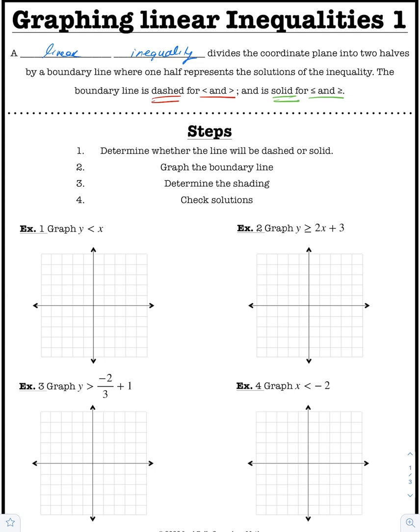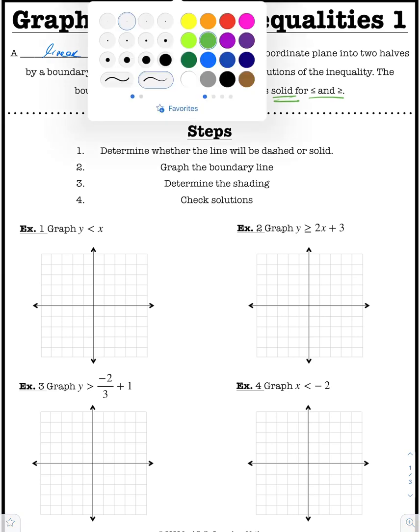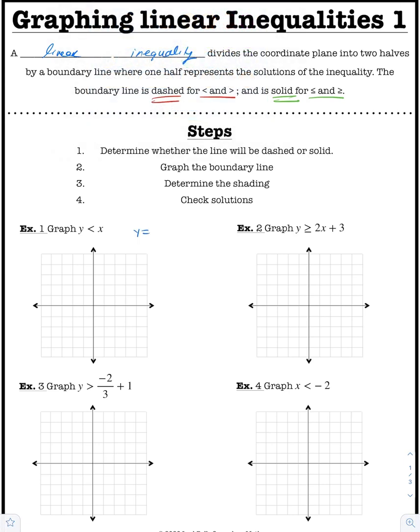Let's say we want to graph y is less than x. Well, first off, before we can deal with anything, let's realize that our boundary line here is y equals x. That is the boundary line. So I'm just going to go ahead and plot that. Realize here that our slope is 1, and our y-intercept here is 0 because there's nothing being added to it.